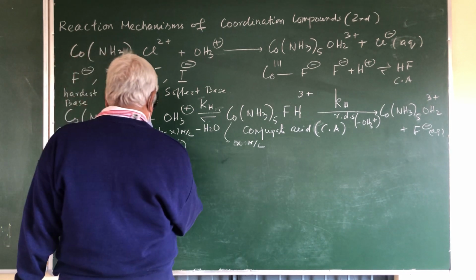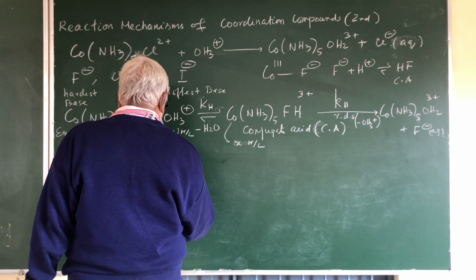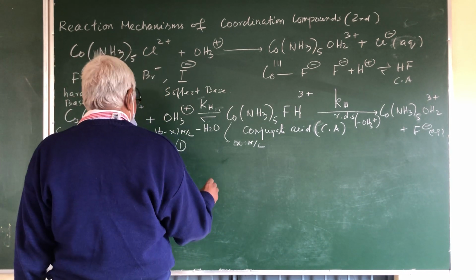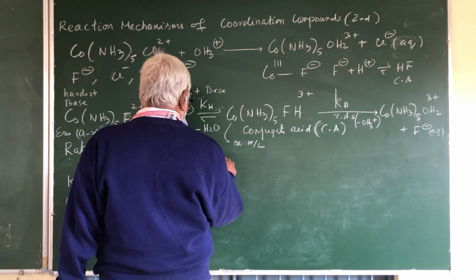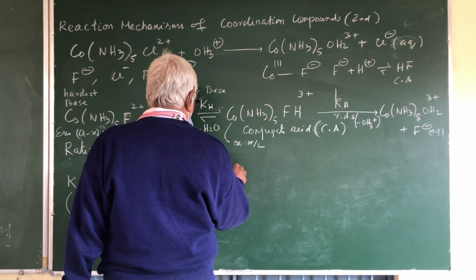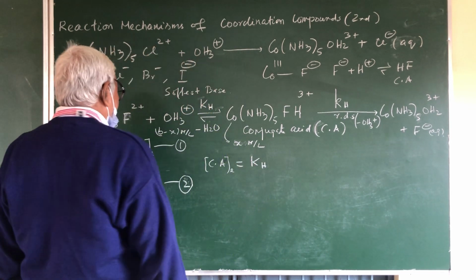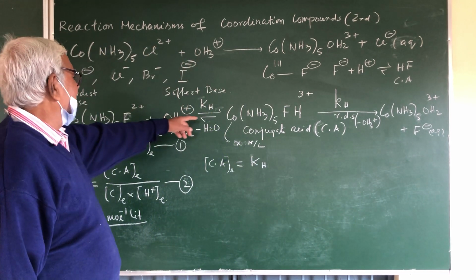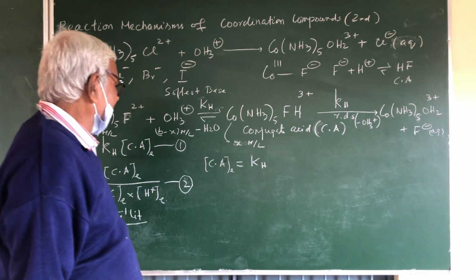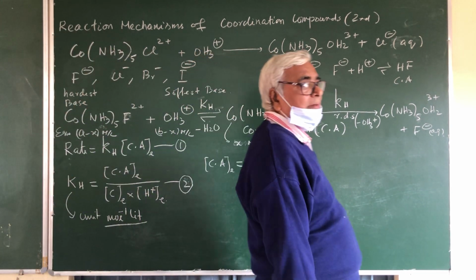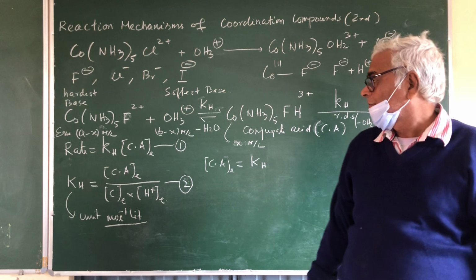So then this is going to be the equation. Then the conjugate acid equilibrium will be KH. KH is the equilibrium constant for the formation of conjugate acid.